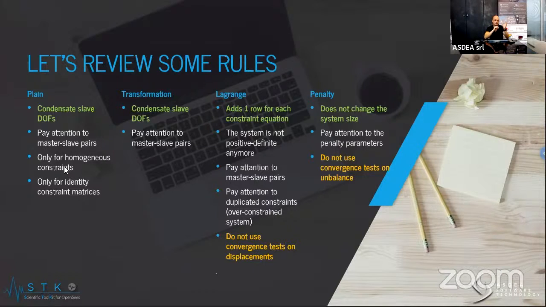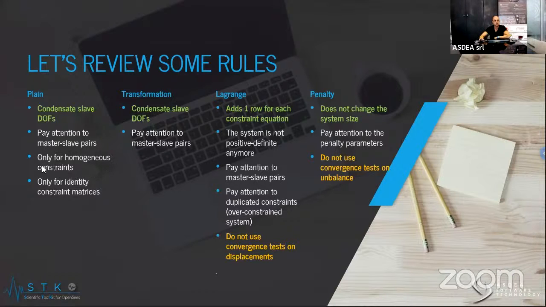When you say displacement of node 1 is equal to 0, that is a homogeneous constraint. But when you use, for example, an imposed displacement, for example, you say that the x displacement of node 1 should be equal to a finite number, not 0, for example, equal to 1, that is a non-homogeneous constraint, and it cannot be handled by the plane handler.